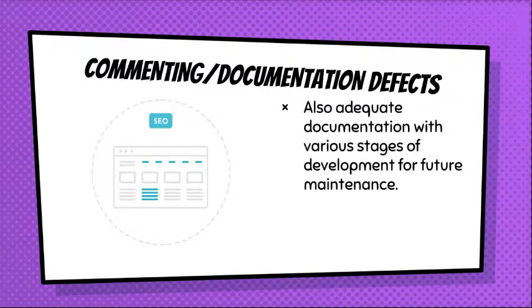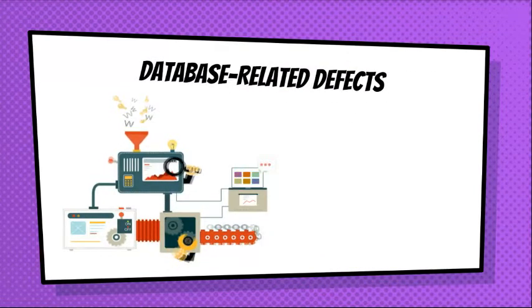Commenting or documentation defects. Coding also needs adequate commenting to make it readable and maintainable in future. Also, there must be adequate documentation associated with various stages of development so that it is useful in future for maintenance. It is very difficult to find such defects in black box testing.